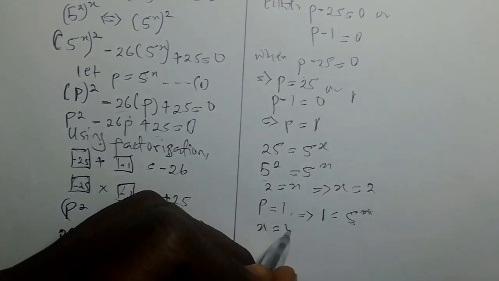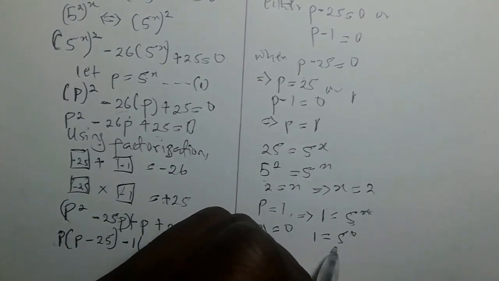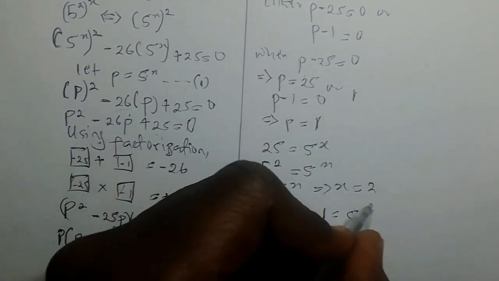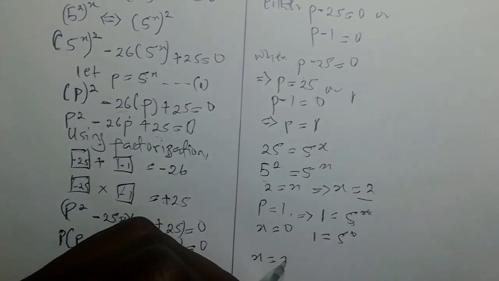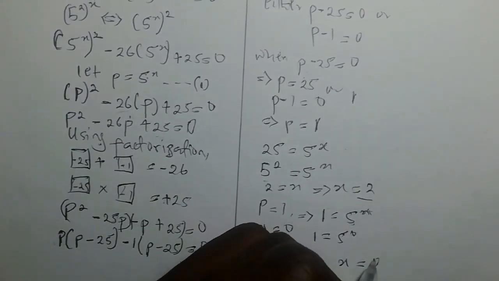So x will be equal to 0, because 1 equals 5^0. So either x is equal to 2 or x is equal to 0.